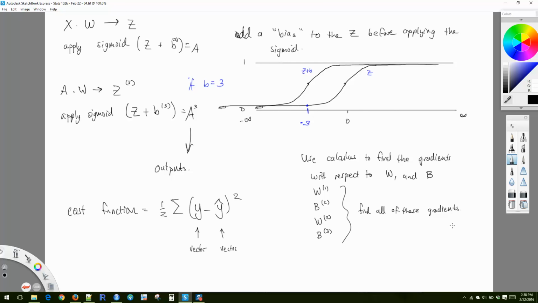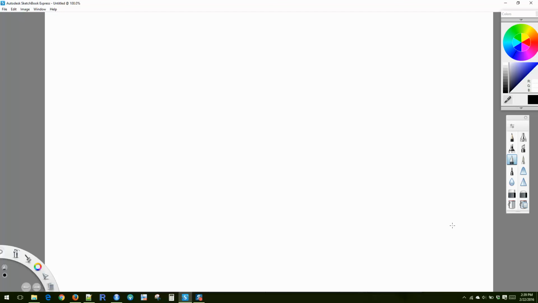Sometimes you'll see stochastic this and that, which basically just means we're mixing in some probability.